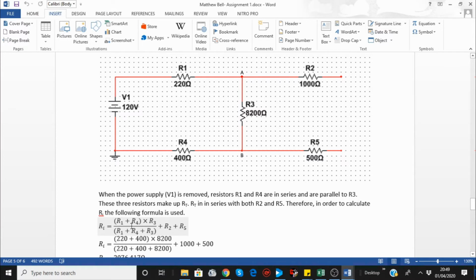But I would suggest that you do that one bit at a time. So R1 plus R4, like I said, is RT1, and is repeated here.